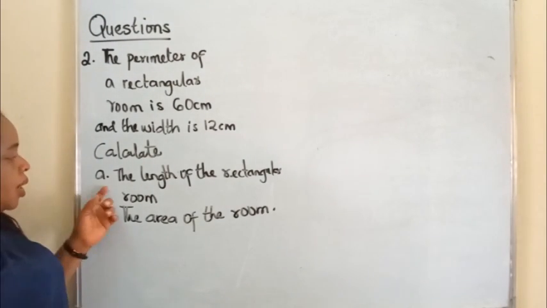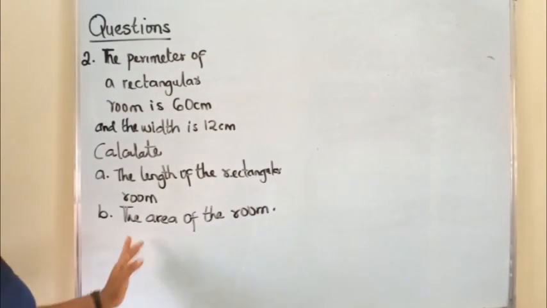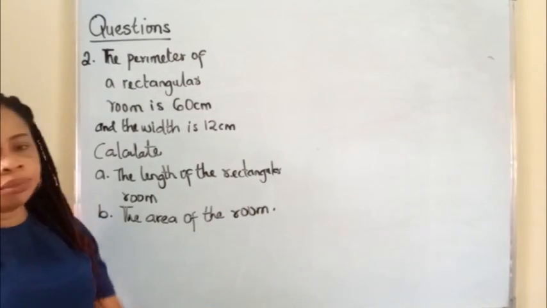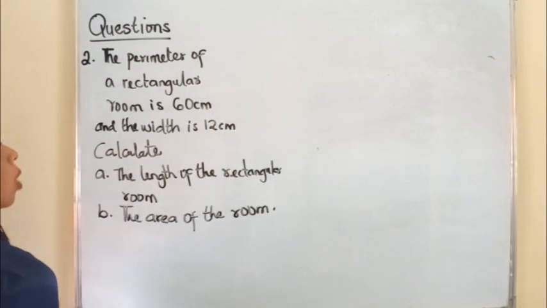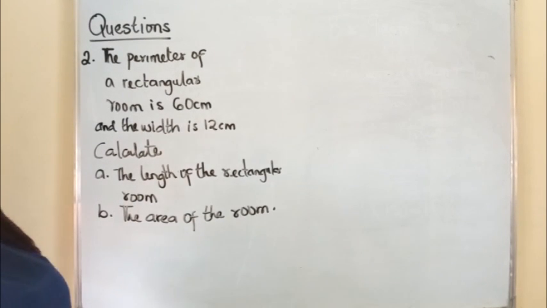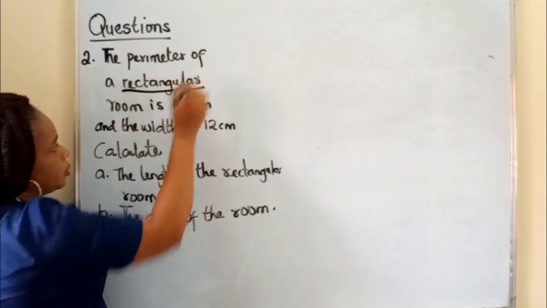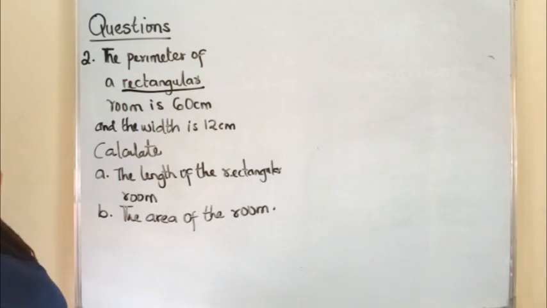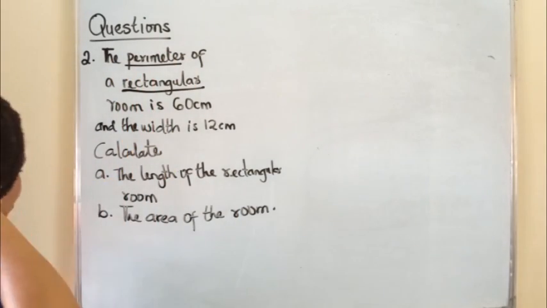Calculate A, the length of the rectangular room, B, the area of the room. What do we do? Well, we'll look at the question first. What were we given? Which shape are we talking about? We are talking about a rectangle. What is given? The perimeter has been given. Let's look at perimeter.